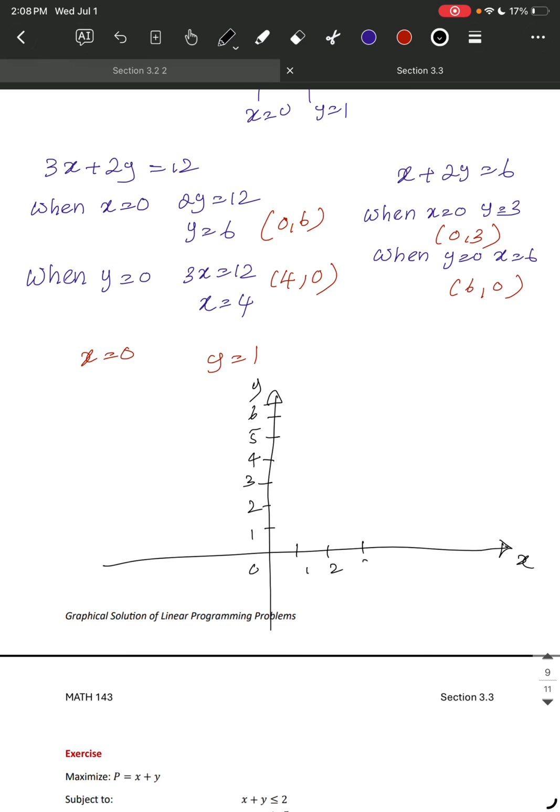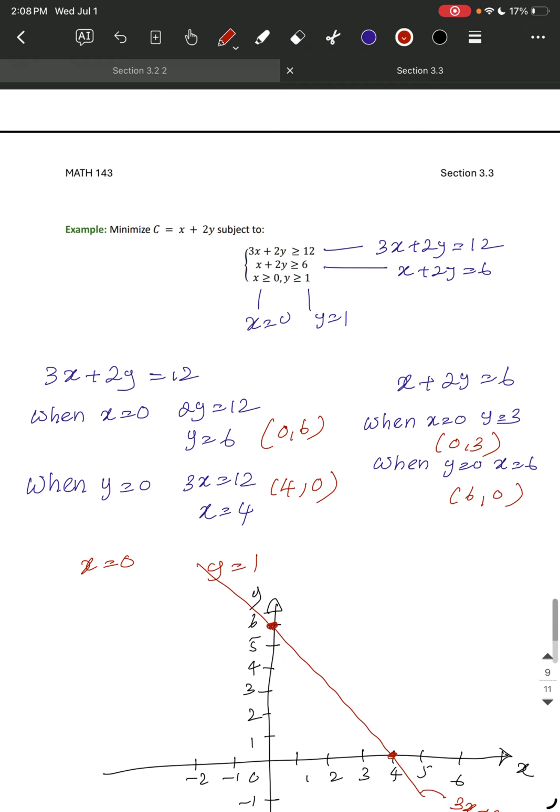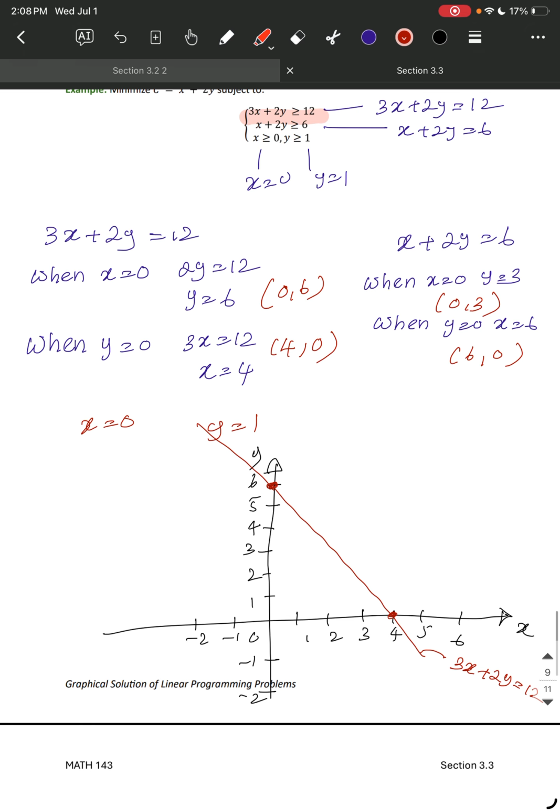Negative 1, negative 2. The first one, 0, 6 and 4, 0. The solid line again. This line is 3x plus 2y equals 12. And the region would be above the line because it says 3x plus 2y greater than or equal to 12. The region above the line.